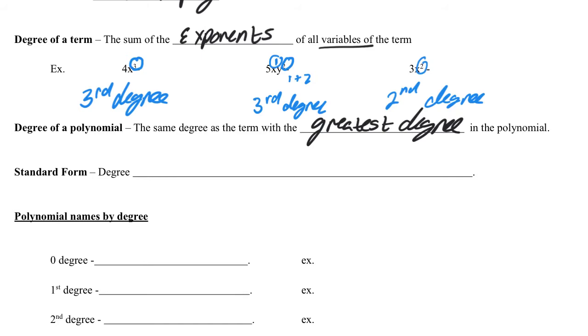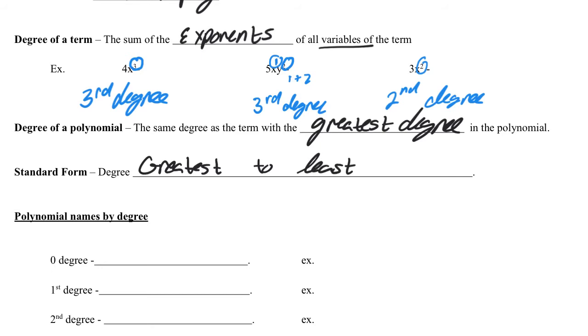Because of this, we like to write polynomials in standard form. That's where we list all of our terms by taking the degrees in decreasing order. So we have our degrees from greatest to least.